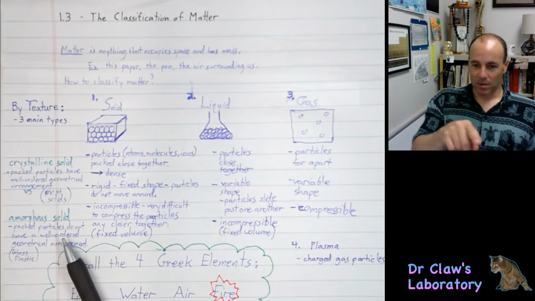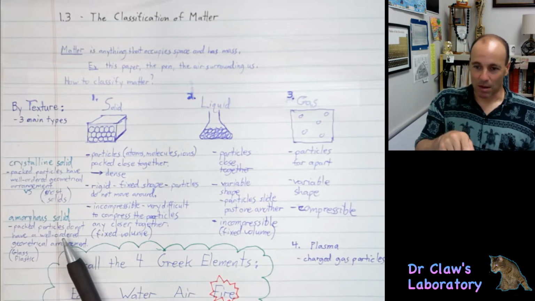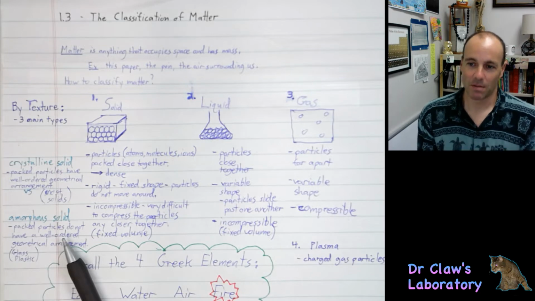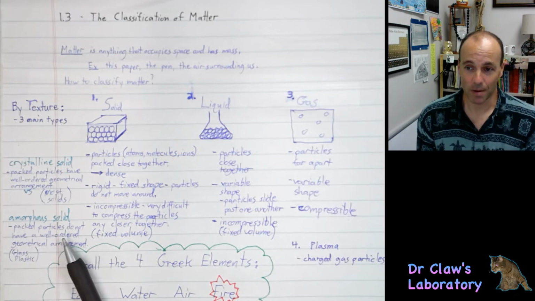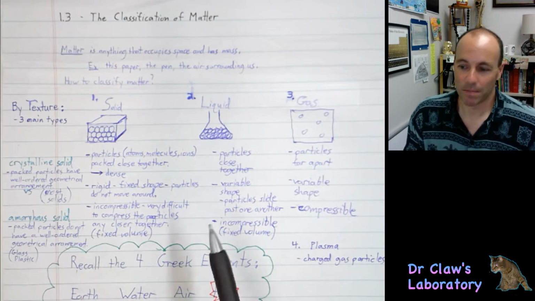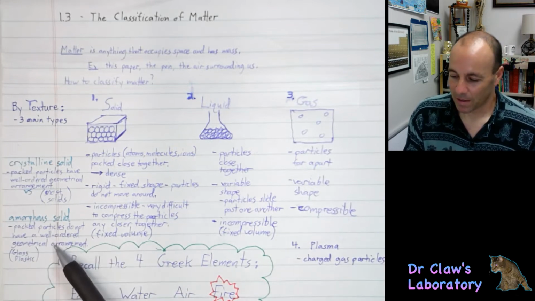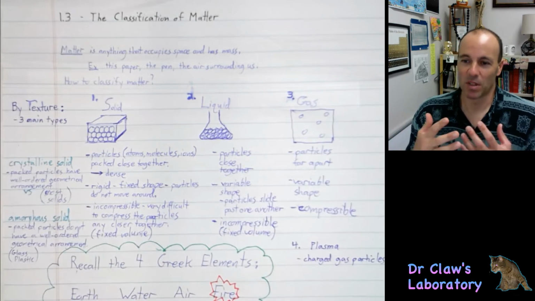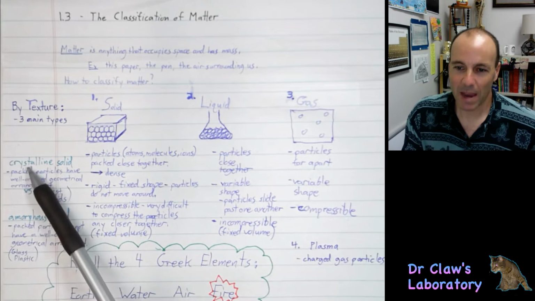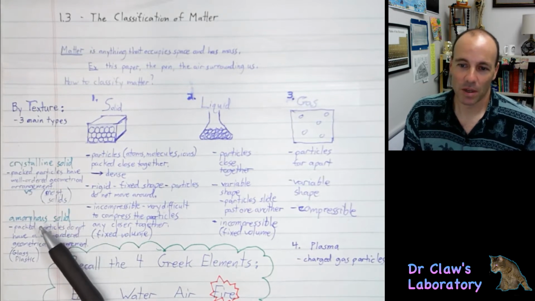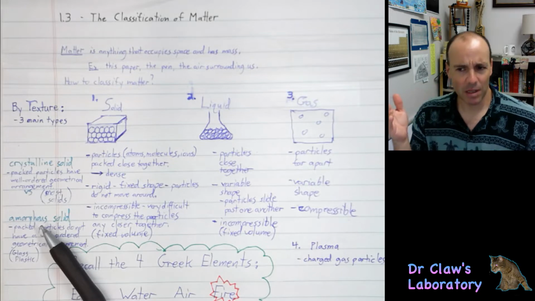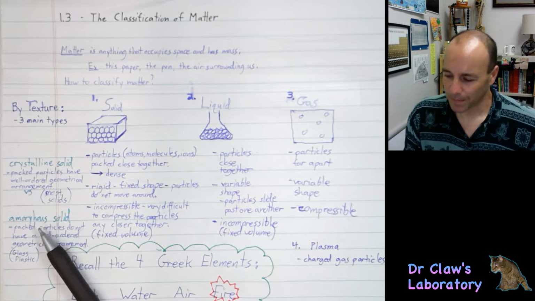The particles are at 90 degrees in this way, and then another row 90 degrees in that way, so even right angles, really high order in the particles for solid crystals like sodium chloride. Glass, the particles are just frozen in place, no order. We'll come back to crystals later on in chapter 11, I believe, second semester.